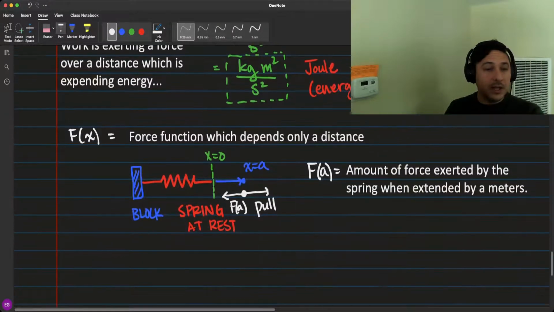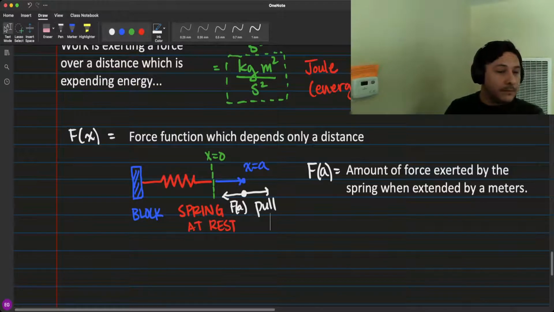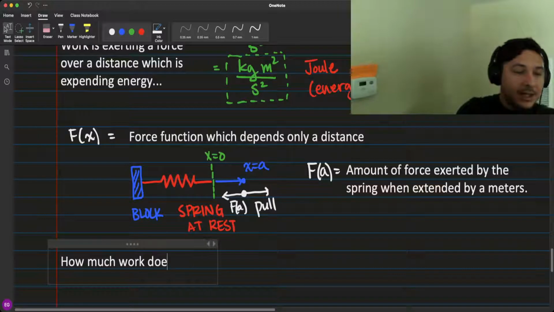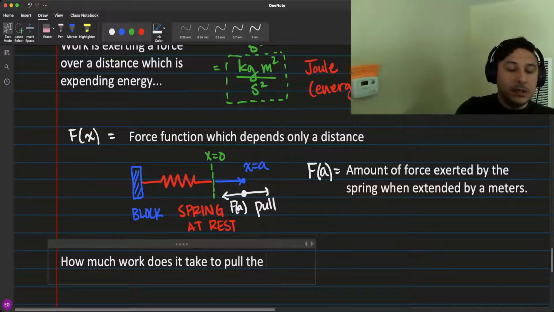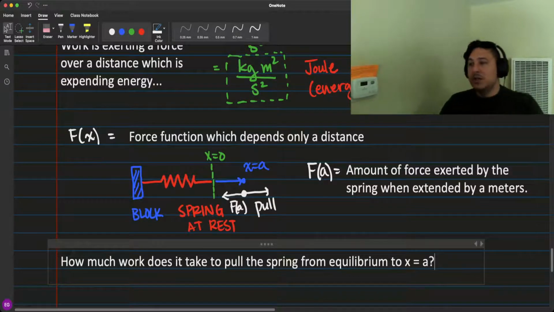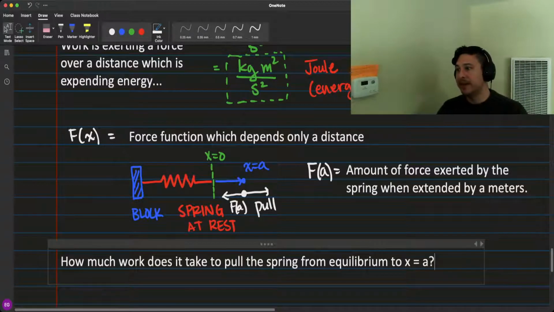Now you're wondering, how much work does it take to pull the spring from equilibrium to x equals a? In other words, what's the amount of energy I'm going to have to expend to pull this off? That's what we want to calculate.